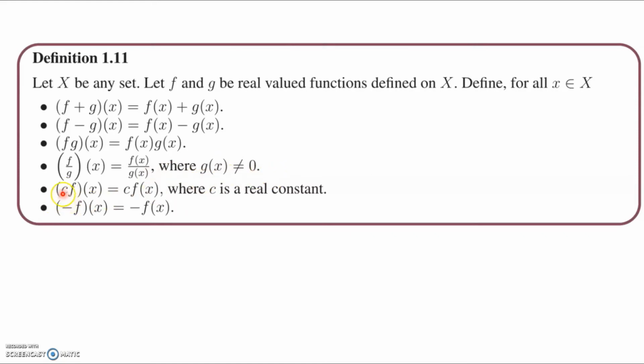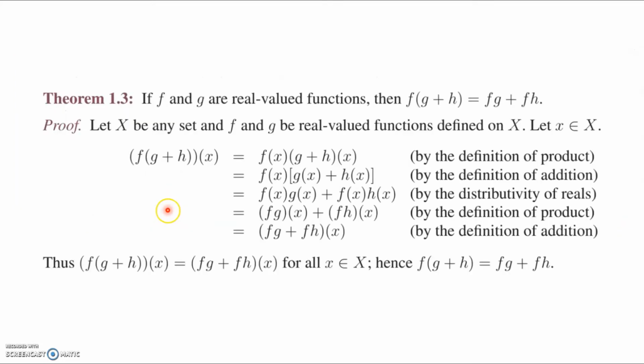Then (c times f) of x is equal to c into f of x, where c is a real constant. Similarly, (minus f) of x is equal to minus f of x within brackets.